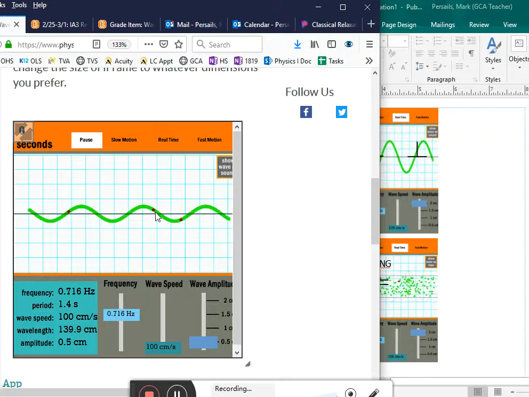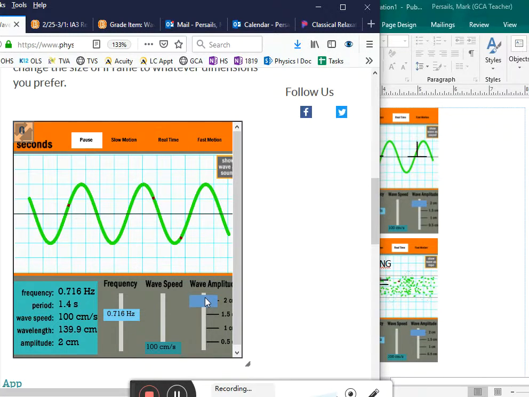1, 2, 3 waves. Changing amplitude did not change frequency. It stayed at 0.716 this entire time, and therefore it did not change wavelength. Amplitude and frequency have little to do with each other. Again, in class, we've played around. This would be somebody quietly whispering, not much amplitude, right? This would be somebody yelling, a lot of energy. The same person with the same voice, right?